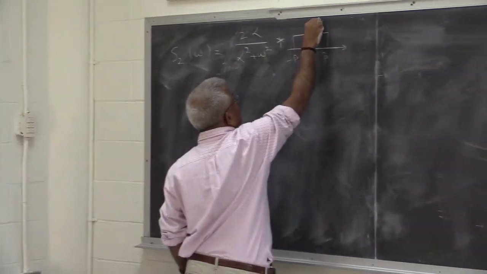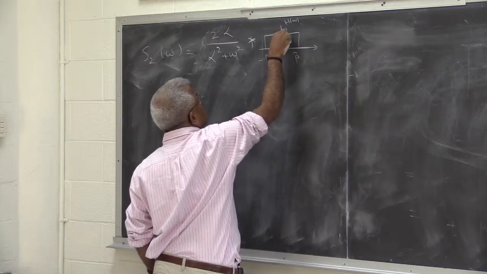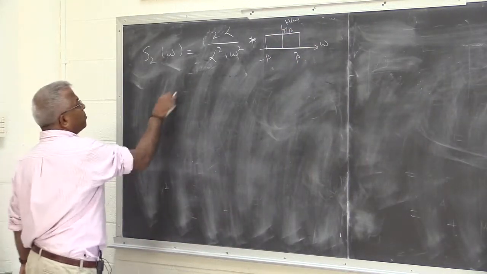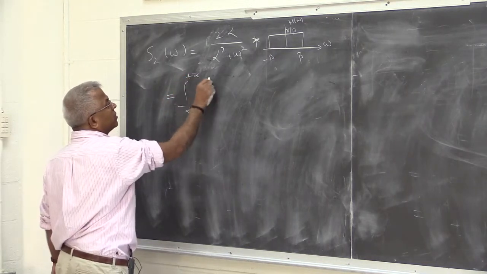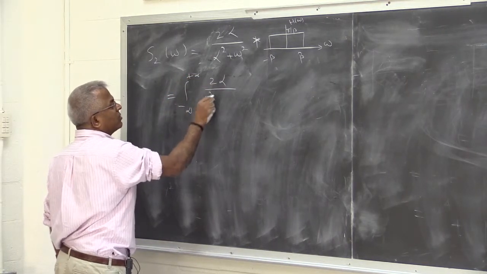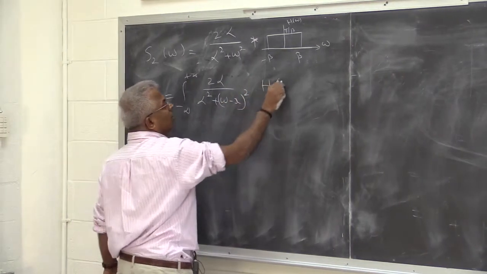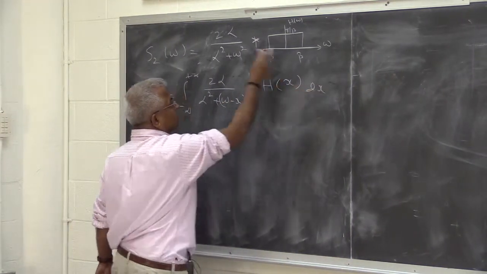I'm going to call this h of omega. So that's going to be the integral from minus infinity to plus infinity of 2 alpha over alpha squared plus omega minus x, the whole squared, times h of x dx, convolution.